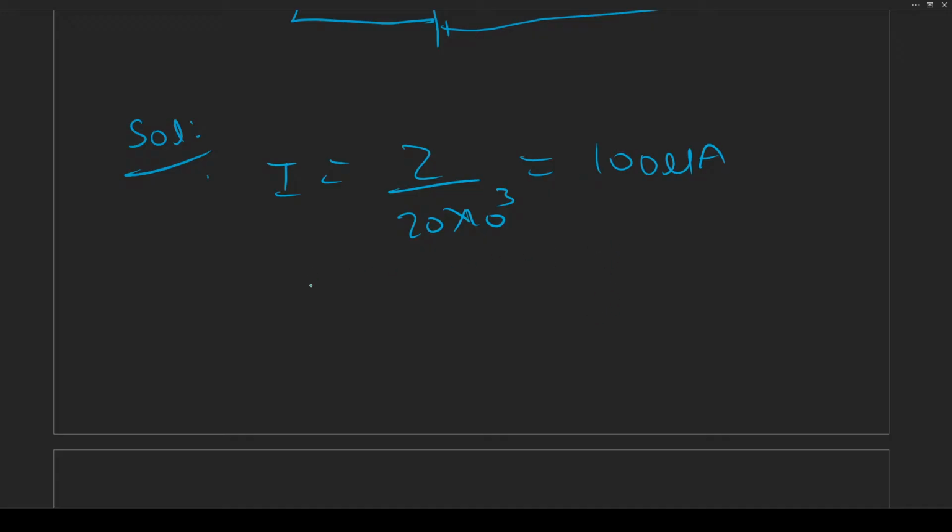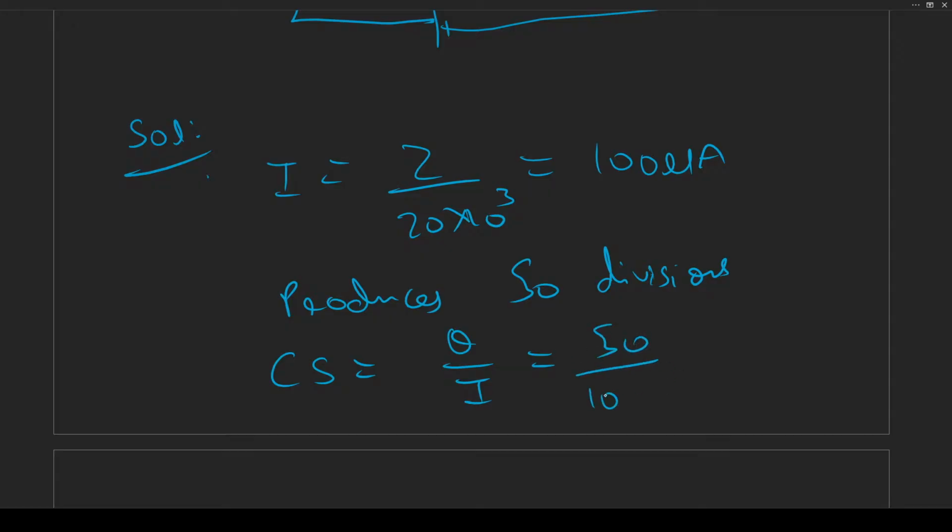And if this current produces 50 divisions of deflection, then Cs, which is equal to theta by I, is equal to 50 divisions by 100 microampere, which is equal to 1 by 2 division per microampere nearly.